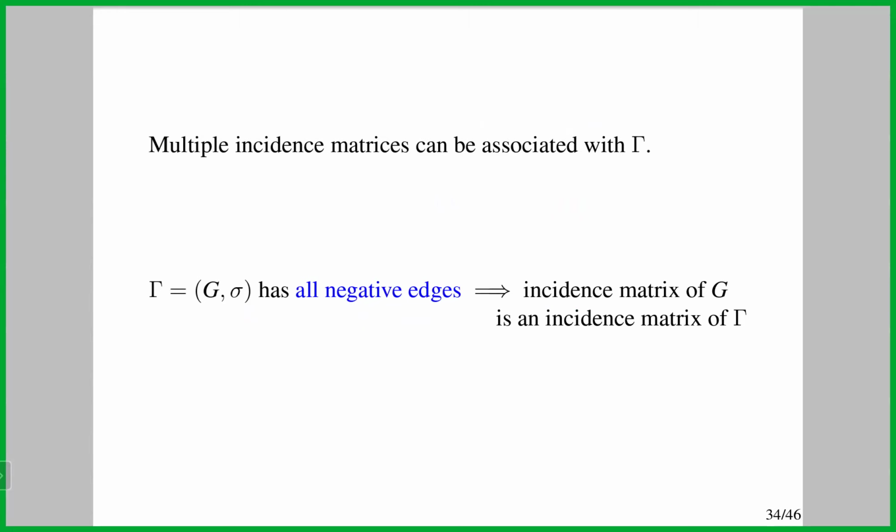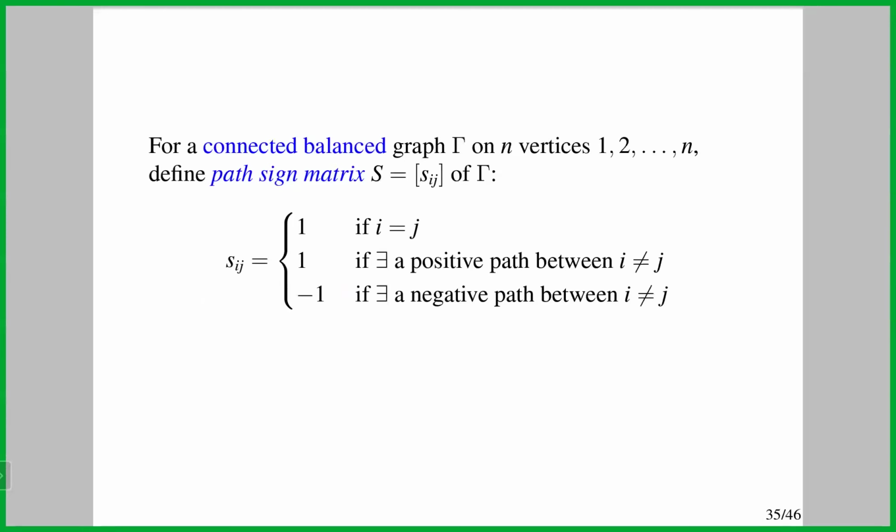And the negative of the incidence matrix of the underlying graph is also an incidence matrix of the sign graph. In this sense, the sign graph is really a generalization of the graph, and we did all the results for graphs. Now you have a lot of different choices for the incidence matrix.